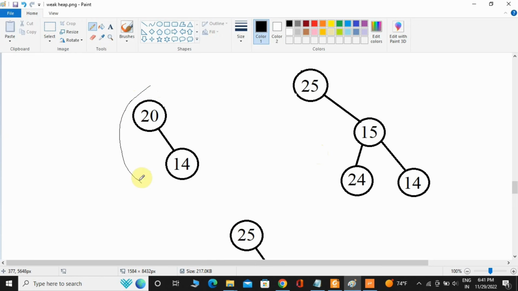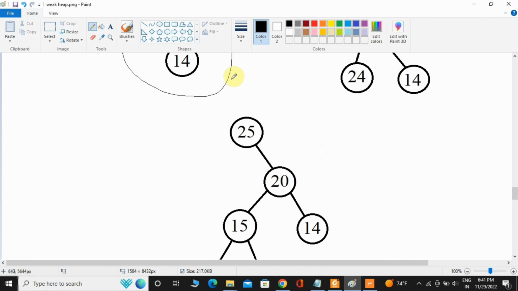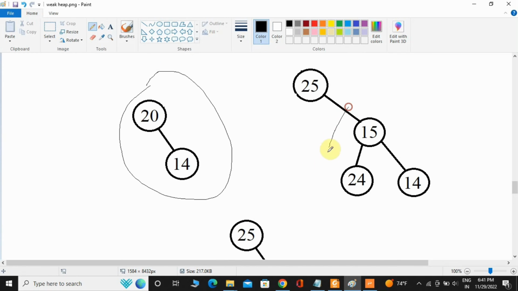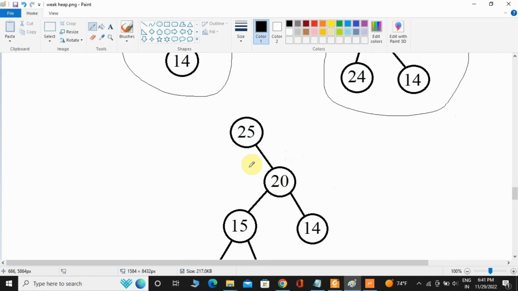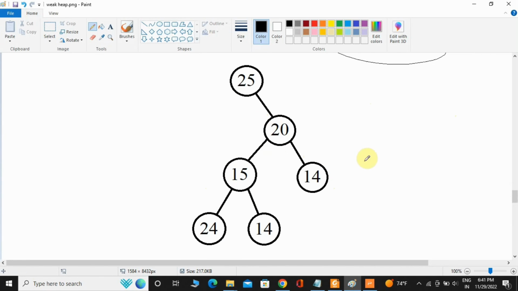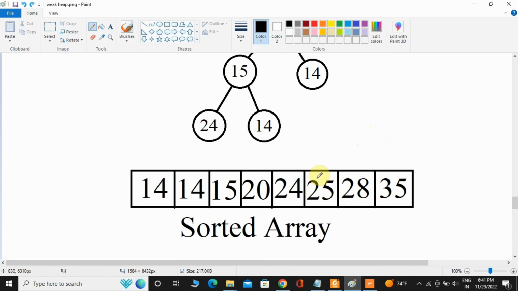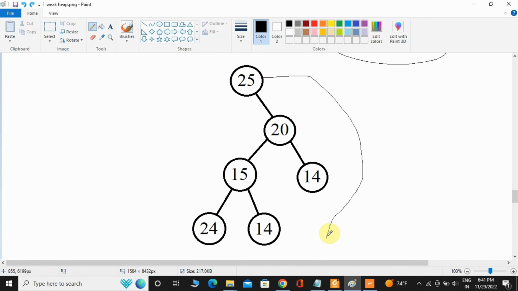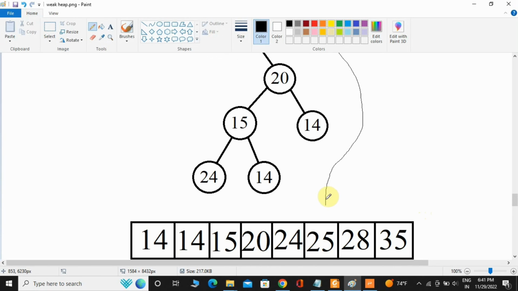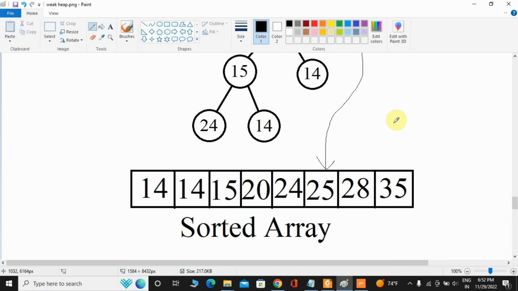And then we take this tree and make that a right subtree, and the remaining values, that is 15, 24, 14, are going to be the left subtree of 20. And now we have again the weak heap, and we are going to place this 25 in the last third position. Likewise, it's going to continue, and finally we are going to have an array which is sorted. So here we can see that this array is sorted.